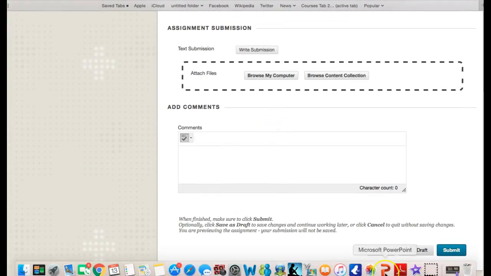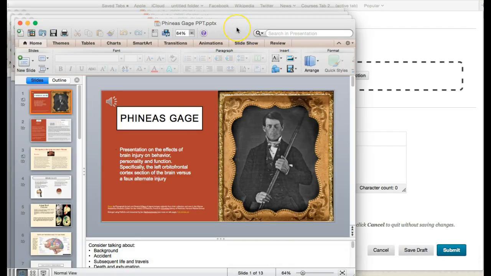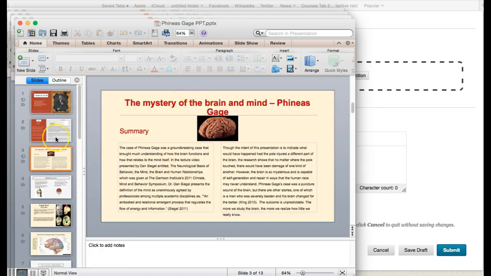So let me open up the PowerPoint presentation that I want to show you as to what I'm looking for. This is a PowerPoint presentation that was completed for a regular general psych course. The topic was Phineas Gage, but what I want to focus on mainly is the setup of the slides and what it looks like. Here are the slides that she has. Each slide has the information that is needed for that slide.